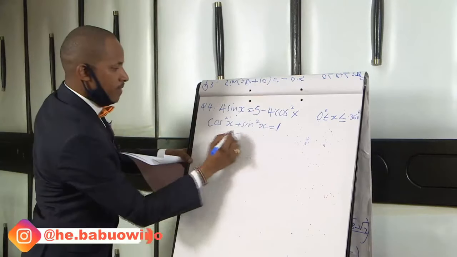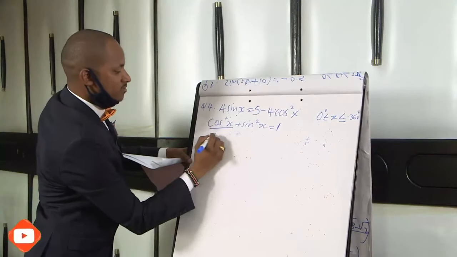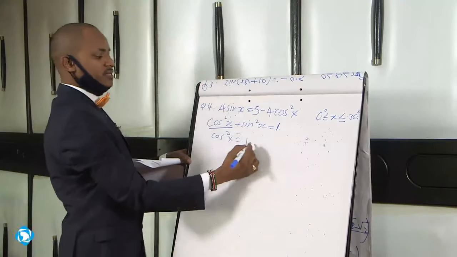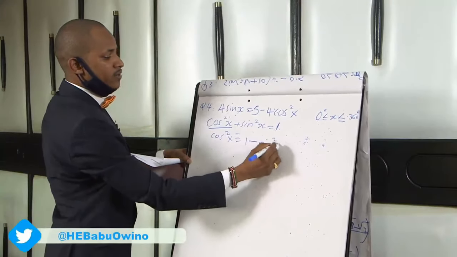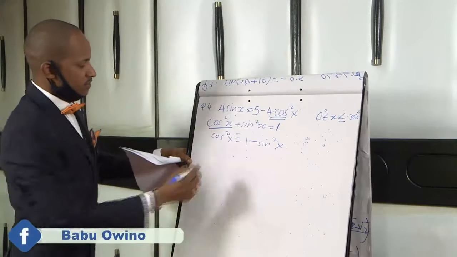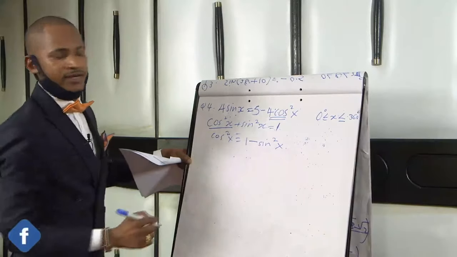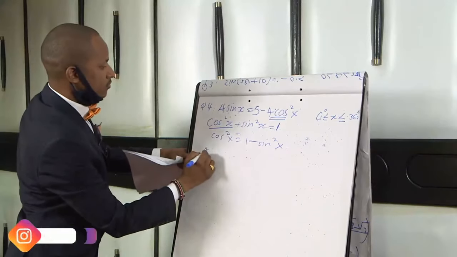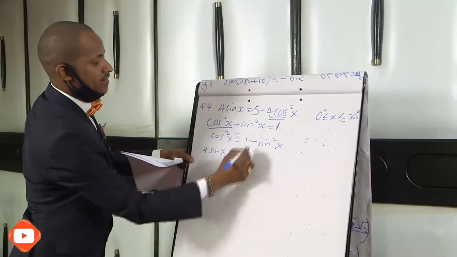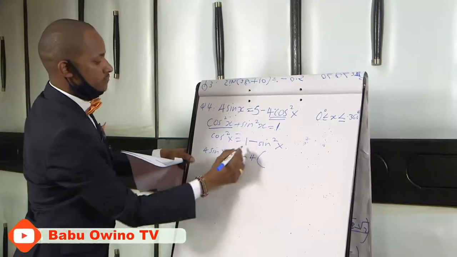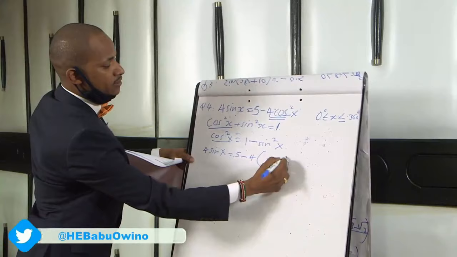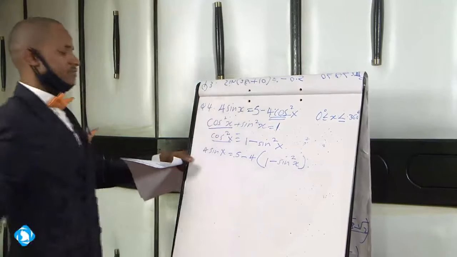Therefore, from this, you can easily say that cos squared x equals 1 minus sine squared x, as sine squared x crosses to the other side and becomes minus sine squared x. Therefore, from our initial equation, replace cos squared x with 1 minus sine squared x. So we have 4 sine x equals 5, minus 4 into the value of cos squared x, which we've said is 1 minus sine squared x.